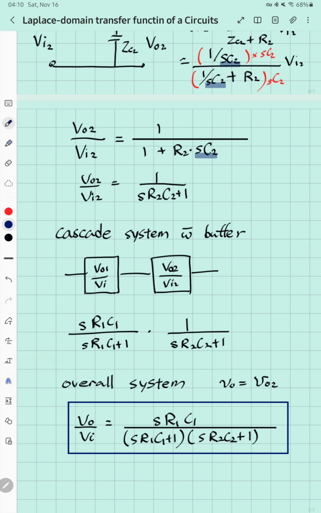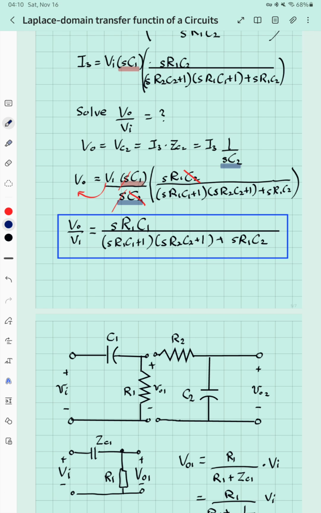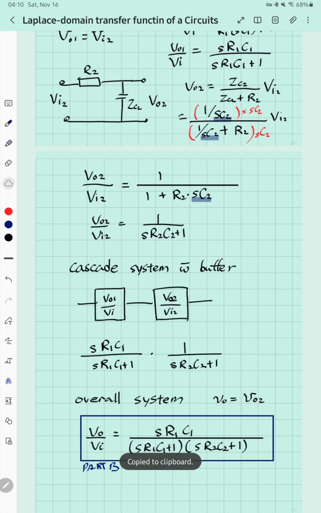Do you see the difference between part B when it's cascaded and when it was not cascaded? So I'm going to copy it for comparison purposes, and I'll put it here.